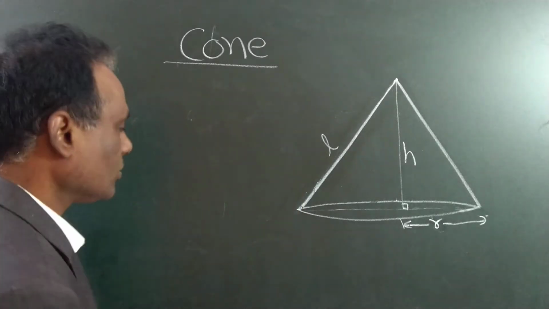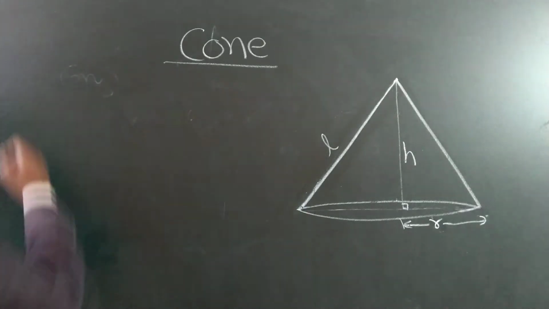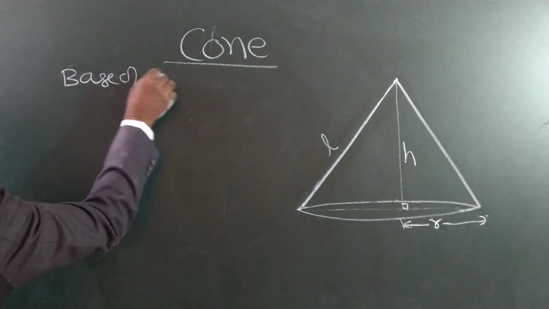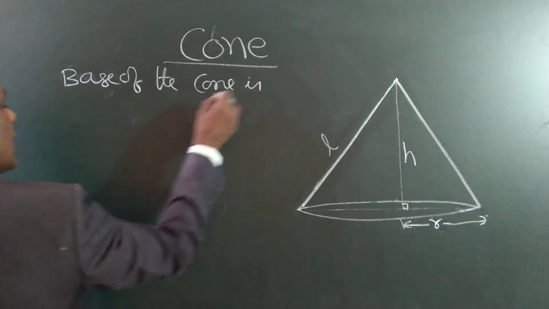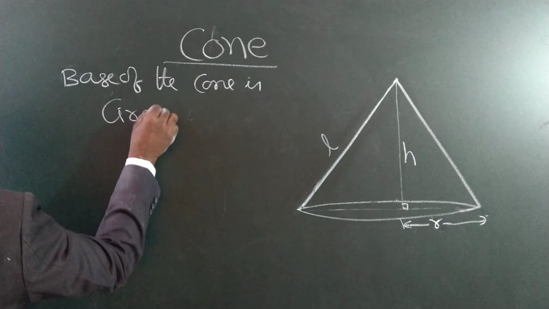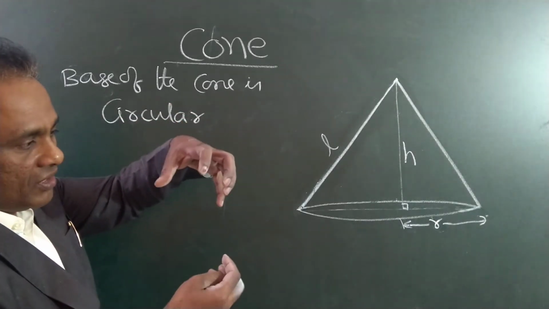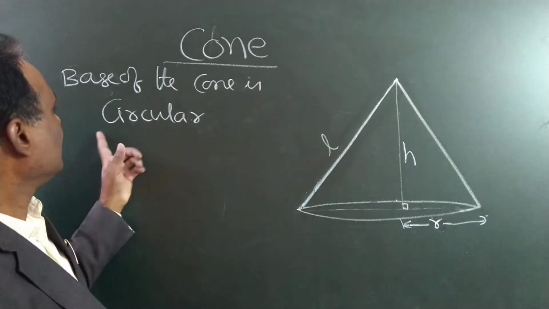Write down cone. The base of the cone is circular. For an ice cream cone, if you see one from the base, it is a circle.